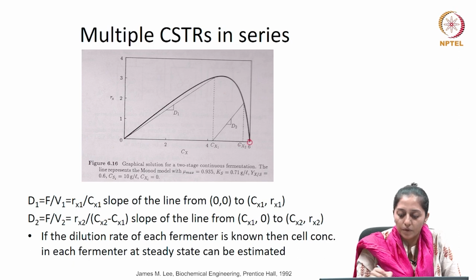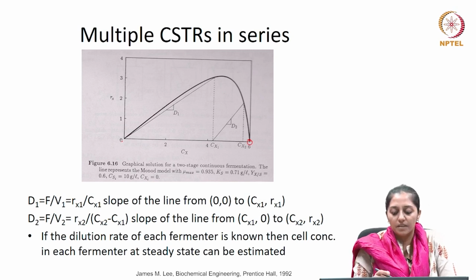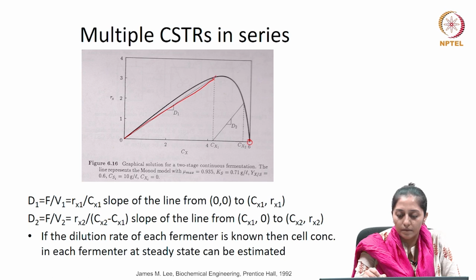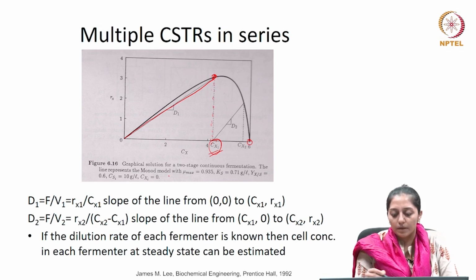shown as this point. Now, if this one CSTR can be divided into a series of CSTRs, multiple CSTRs, then for the first reactor, if the dilution rate D1 is known, which is nothing but the slope of this line, then wherever this line cuts this curve, we can determine the exit biomass concentration from that particular reactor.